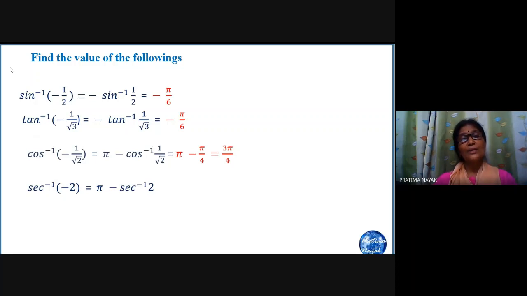It is pi minus sec inverse 2. And as I told, it is better to convert this sec inverse to cos inverse. So it will be pi minus cos inverse half. And what is cos inverse half? It will be pi by 3. So pi minus pi by 3 is equal to 2 pi by 3.